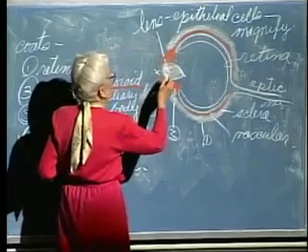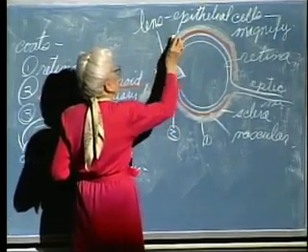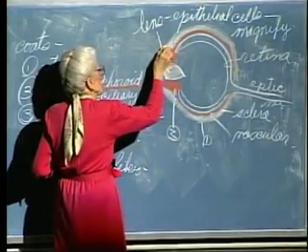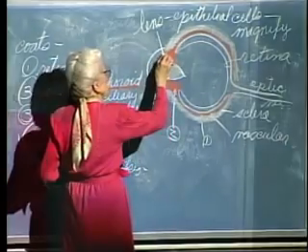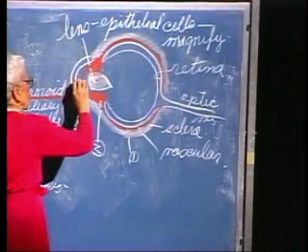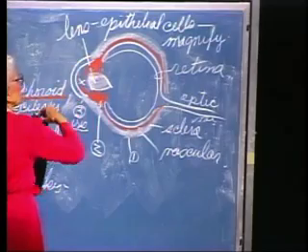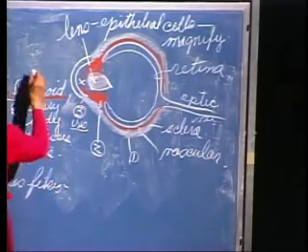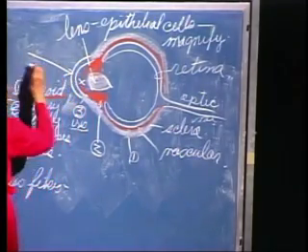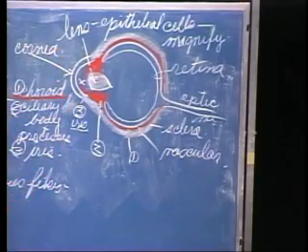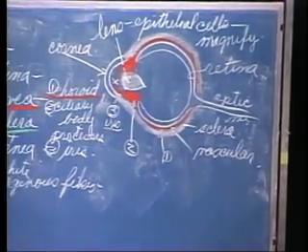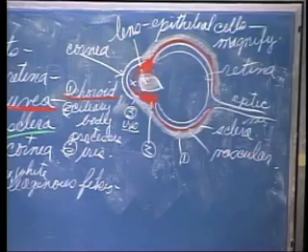And anteriorly, it's going to become translucent. And what's it going to form? The cornea. Again, the cornea is made of collagenous fibers, but they've changed their chemistry so that light can get through.